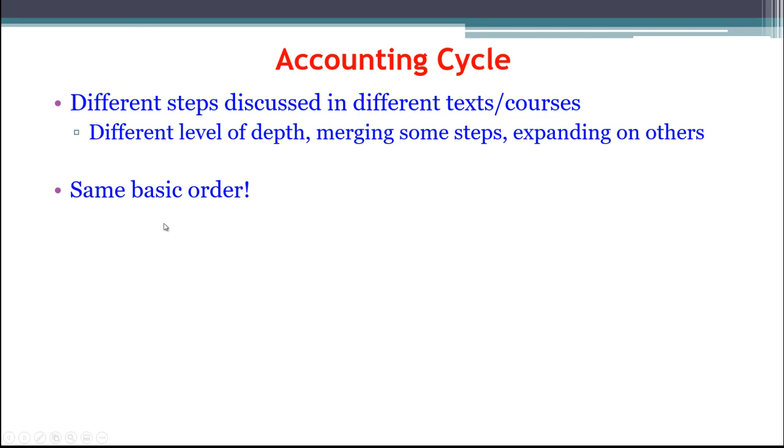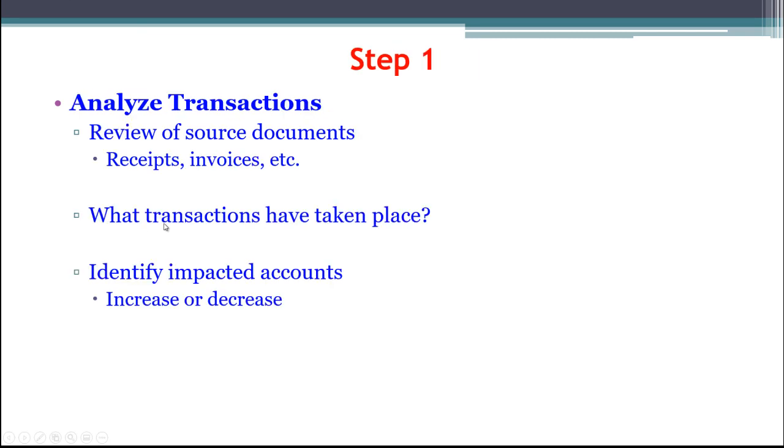We're going to see this, and we're going to go through what I call step 1. Now this is step 1 for anybody. You have to analyze the transaction at hand.